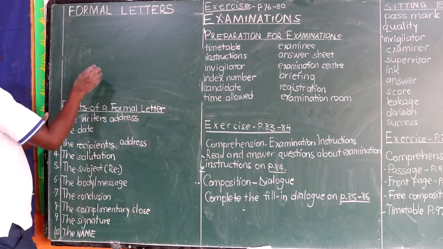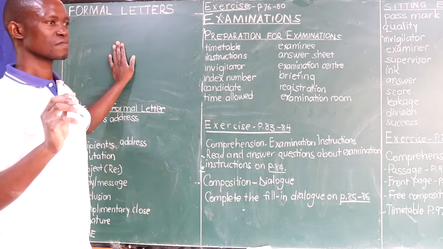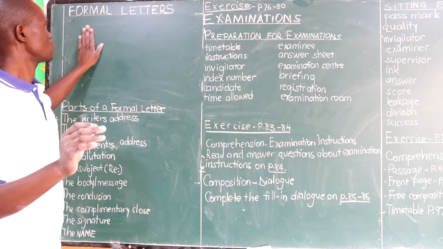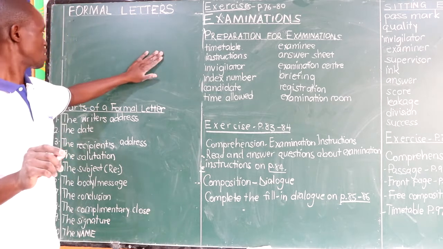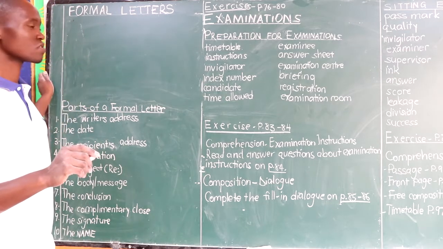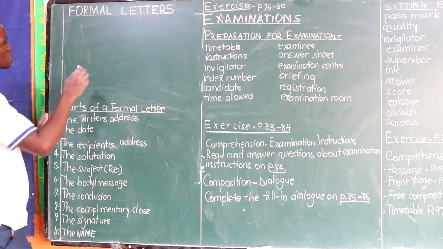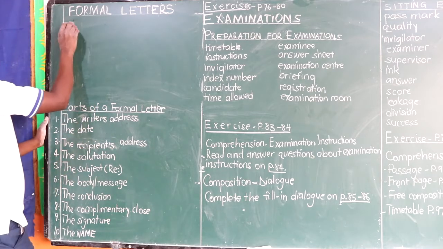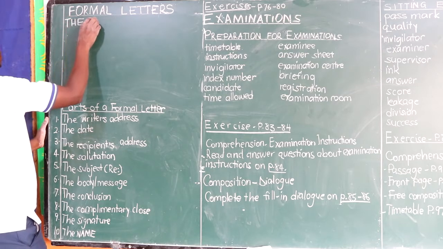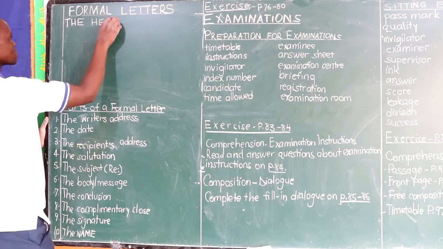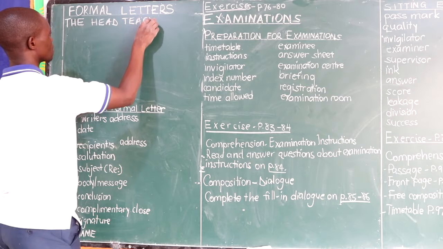An example, if you're writing a letter to the head teacher of your school, you're going to tell us the title of that person who is receiving your letter. If the title is cook, you'll say the cook. If the title is class teacher, you say the class teacher. But this is the head teacher, so you say the head teacher. I'm giving you an example of a recipient's address.